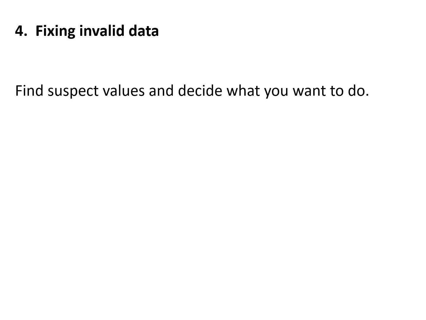Okay, fixing invalid data. Well, first of all, we just kind of look and find suspect values and decide what we want to do. Usually it's easy enough to find the problem values because we would decide what we would consider as the upper bound for some values and what we would consider as the lower bound. So what we found, we had this column in our sample database data set called age.